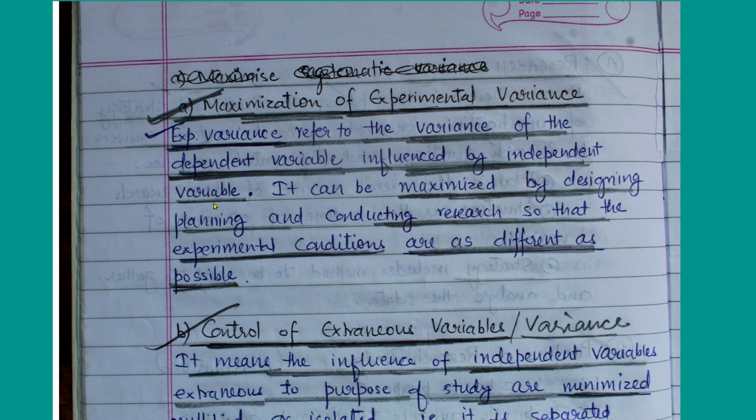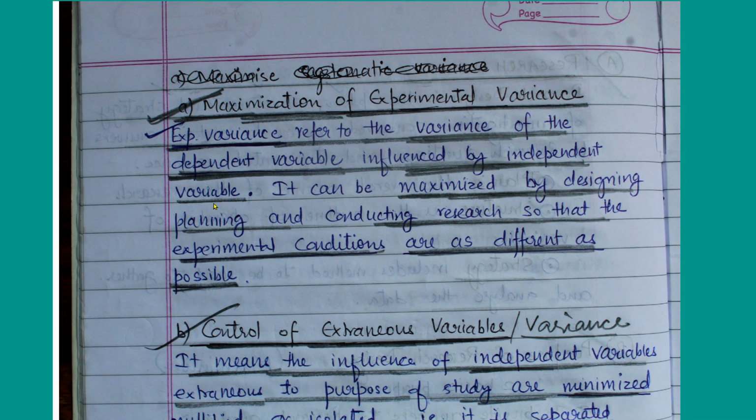For example, adoption rate is my dependent variable, and I want to see the influence of the knowledge I have given to my farmers. So that knowledge given becomes the independent variable, and it will affect the adoption rate. So now my independent variable is knowledge and the dependent variable is the adoption rate.